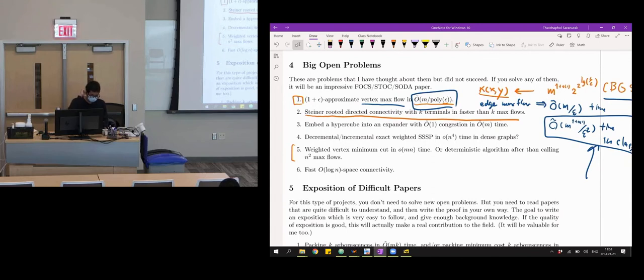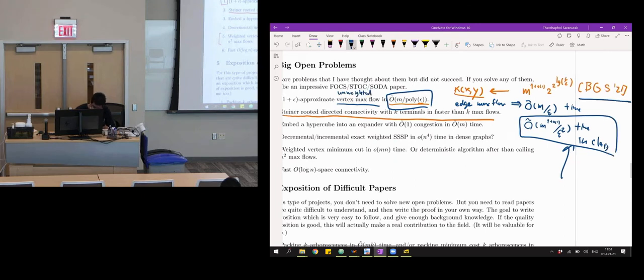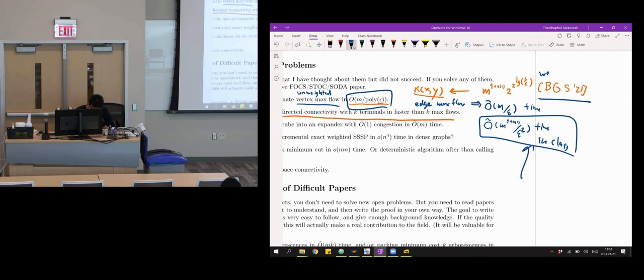This is open even for unweighted graphs. But this one works for weighted graphs as well, and this also works for weighted graphs. But everything is for undirected.